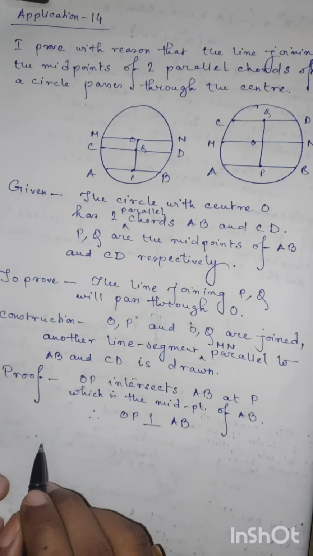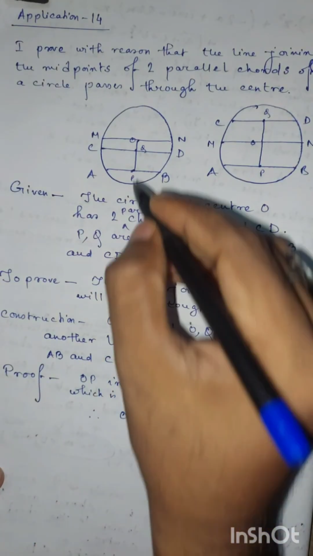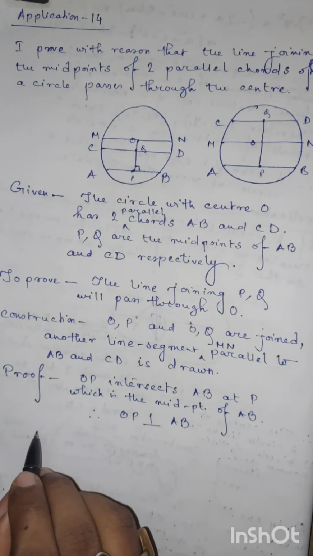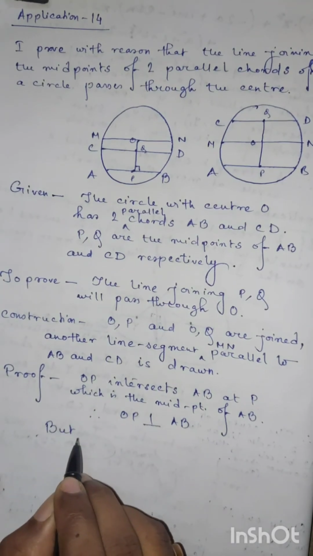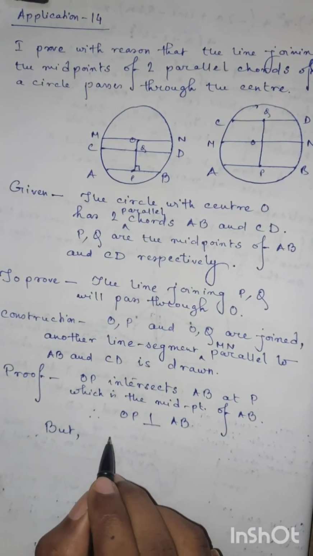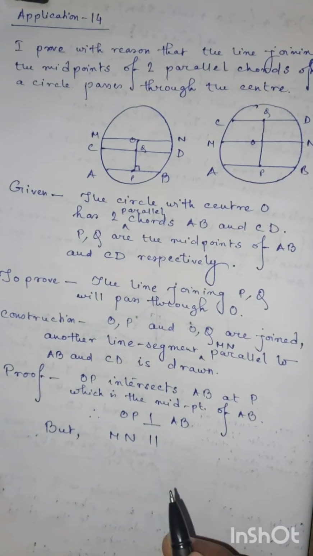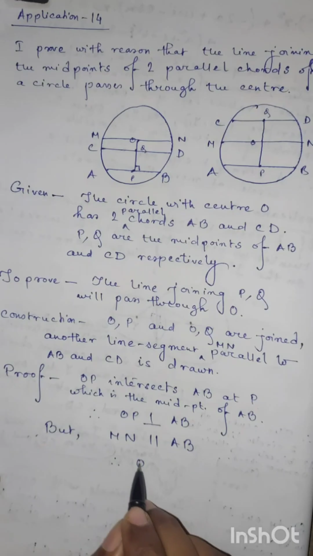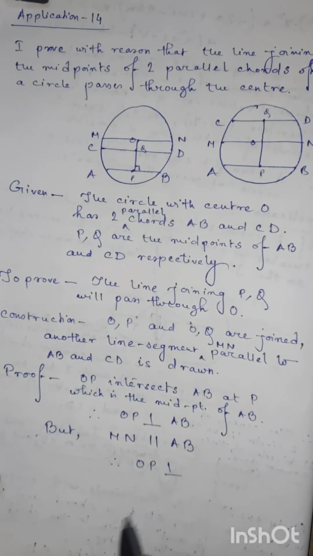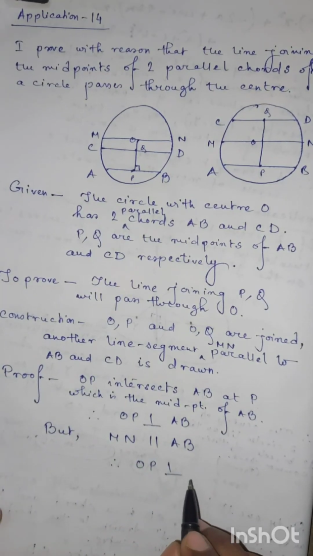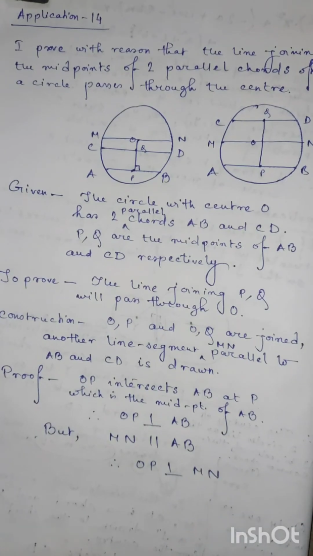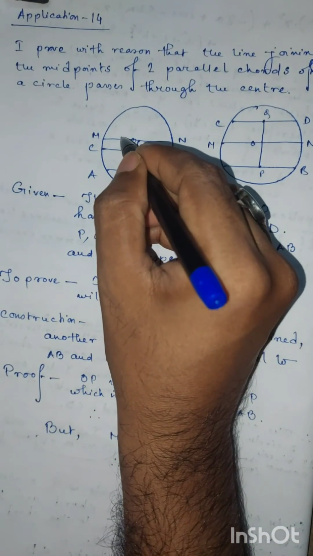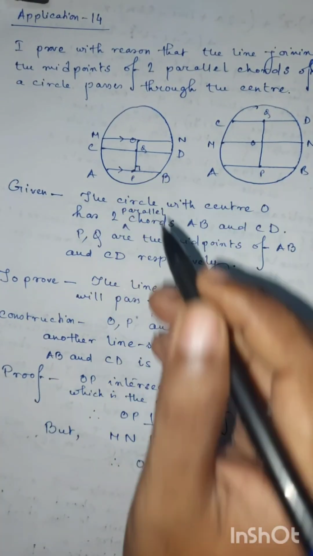So OP must be perpendicular to AB. But MN is parallel to AB. Therefore, OP is also a perpendicular to MN. Because AB and MN are parallel. These two are parallel.